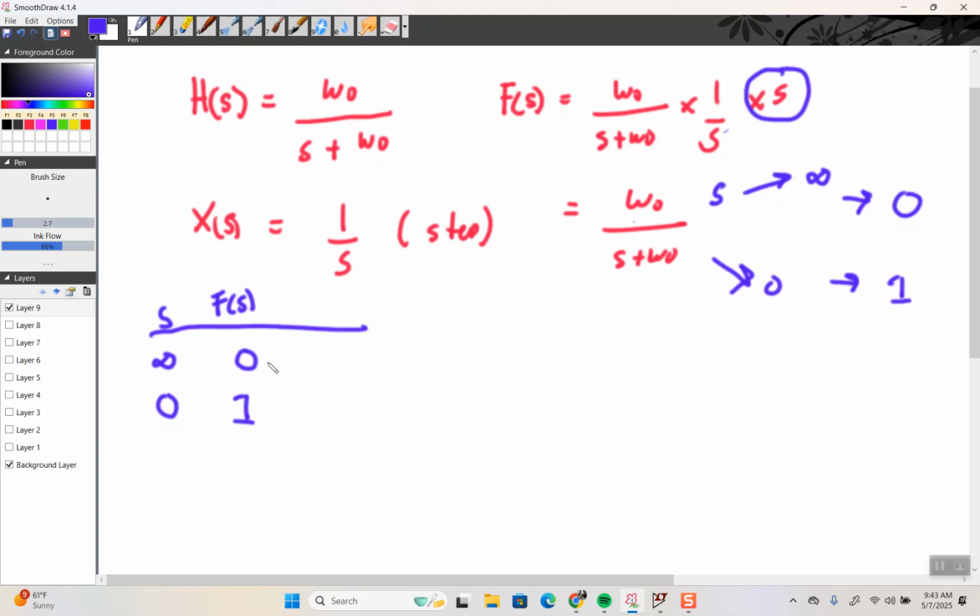And now f of t, right? So when s goes to infinity, that's like f of t at 0.